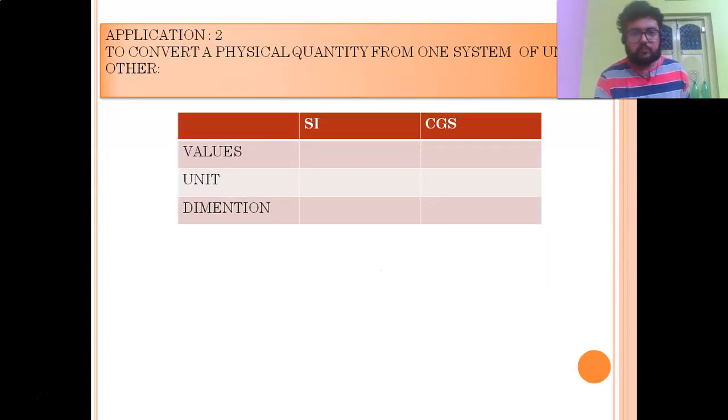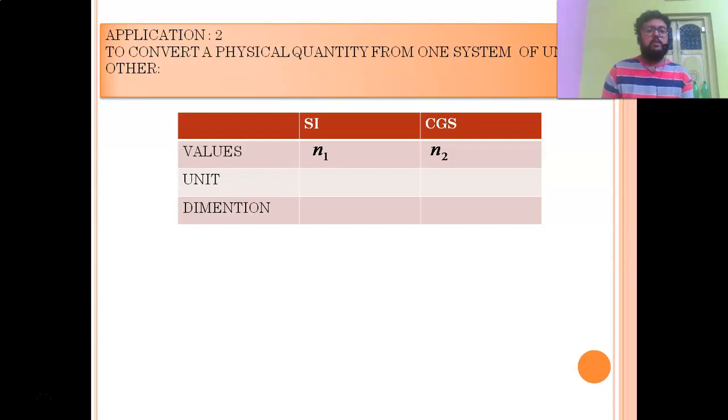Now for the next application, to convert a physical quantity from one unit system to another unit system. Let us take an example where we are going to convert from the SI unit system to CGS or vice versa. Let us have a physical quantity where the value in SI is N1 and the value in CGS is N2.